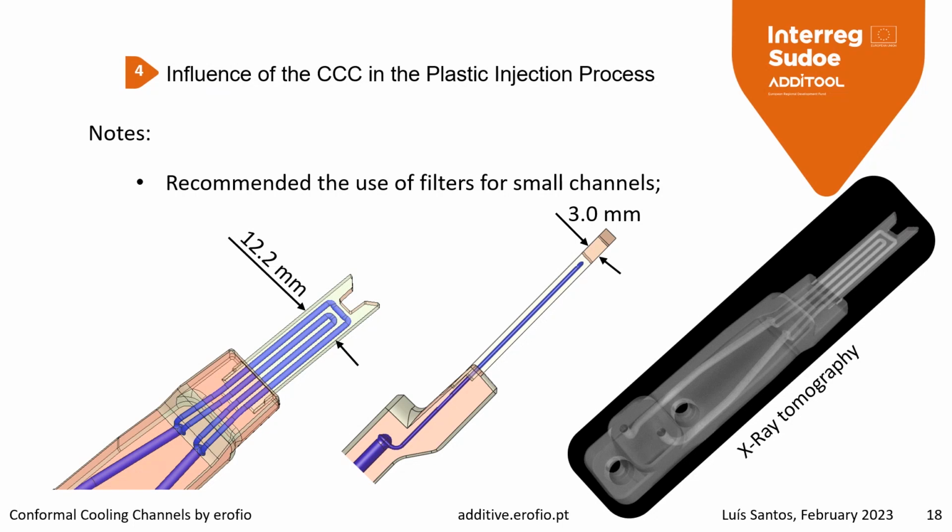Like you can see in the middle, we have a 3 millimeter thick steel part, and it's difficult to create a cooling system on a part like this by conventional means. So we use additive manufacturing, and on the right side you can see an X-ray tomography of the real part and how it looks.